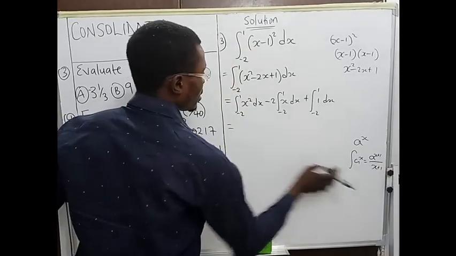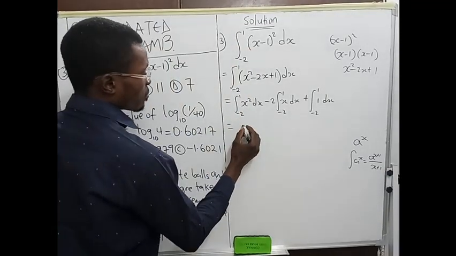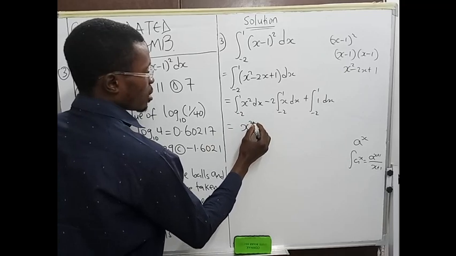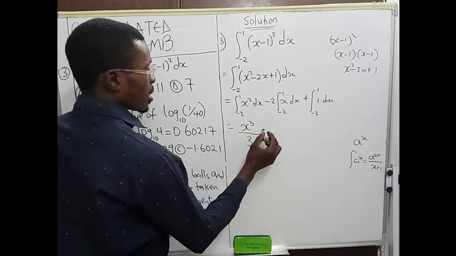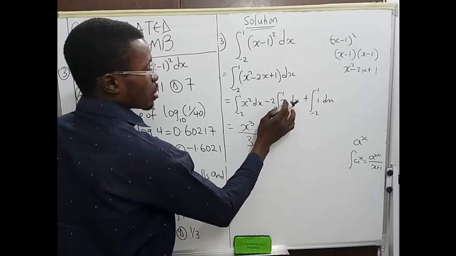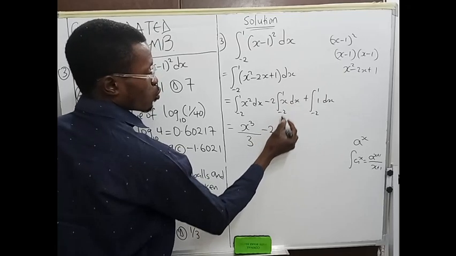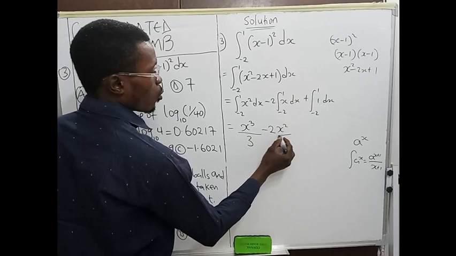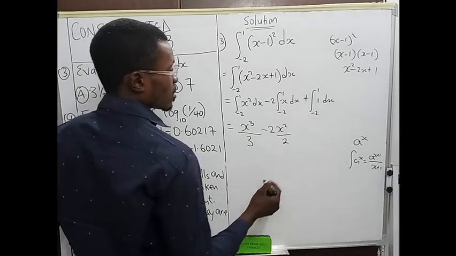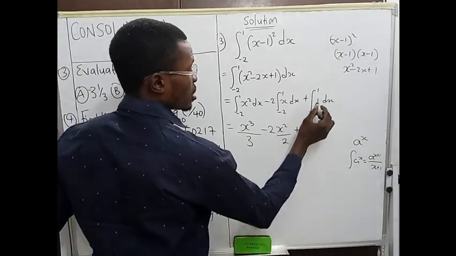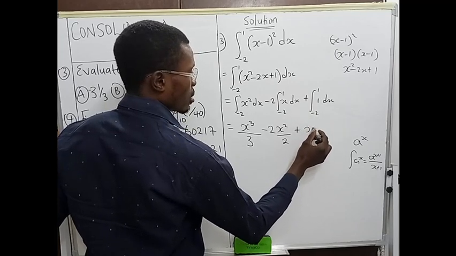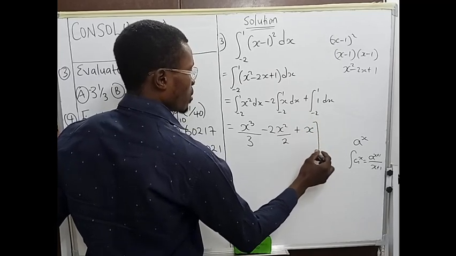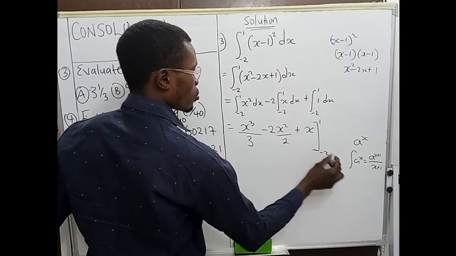If I apply this here, x squared gives x cubed over 3, minus 2 times x squared over 2, plus the integral of a constant with respect to x is x. And put my limits in.